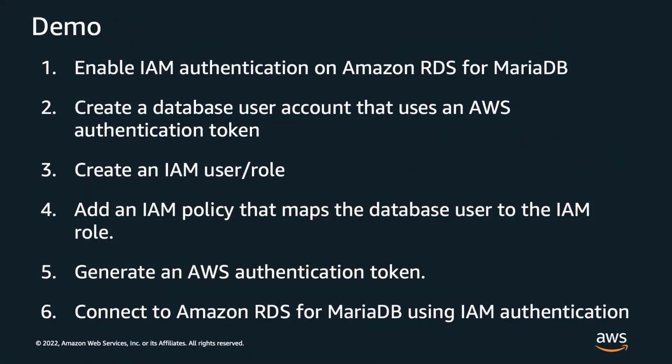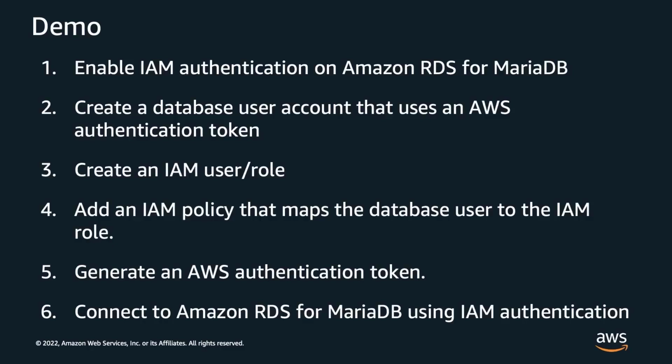Thank you, Komal. As part of this demo, we're going to do the 6 steps. First, we're going to enable the IAM authentication on the MariaDB RDS instance, and then we will create a database user account that uses the AWS authentication token. And then we will create an IAM user. But if you would like to try it with IAM role, you can do it with IAM roles as well.